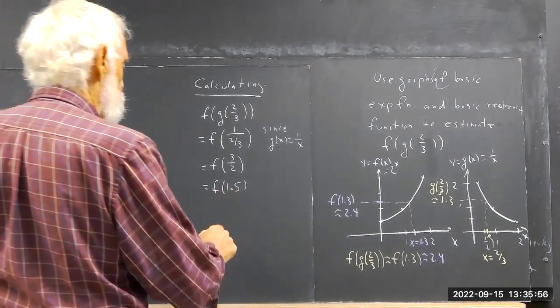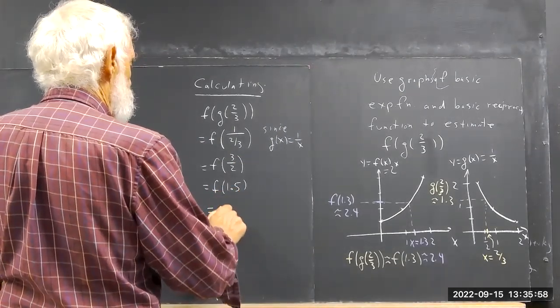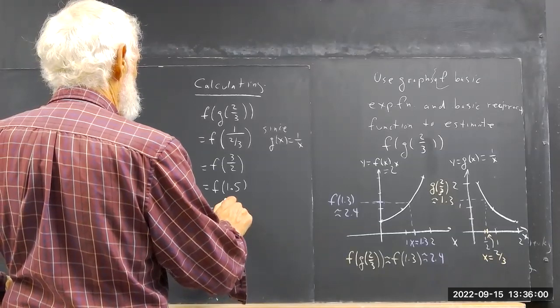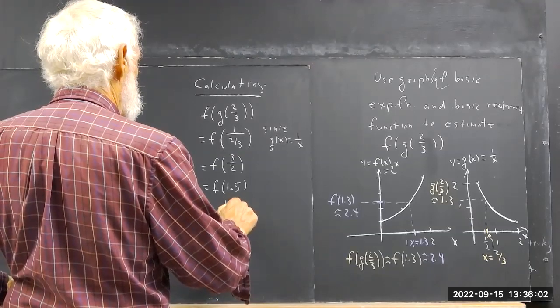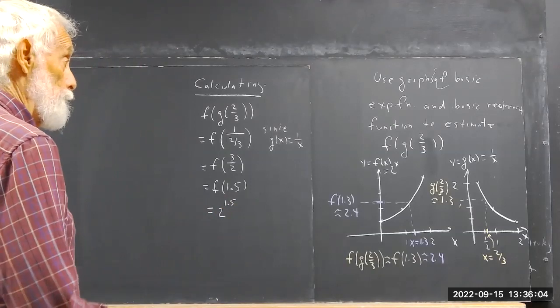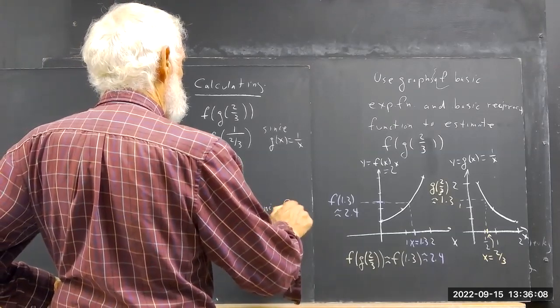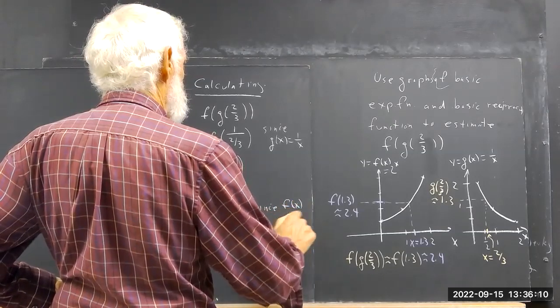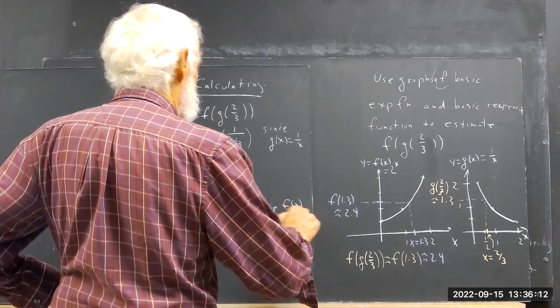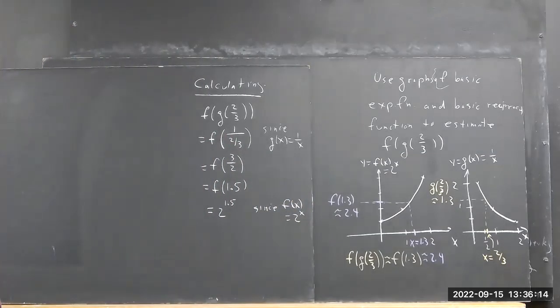What's f of 1.5? It's 2 to the 1.5 power, since f of x equals 2 to the x.